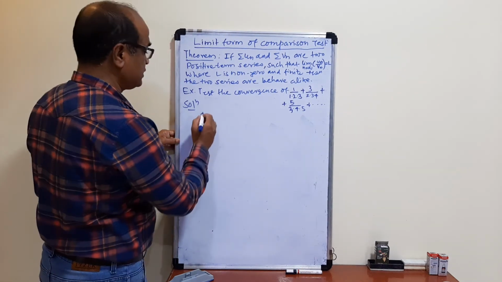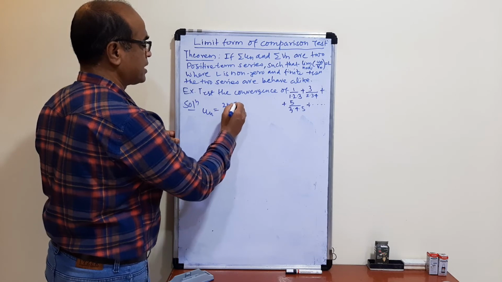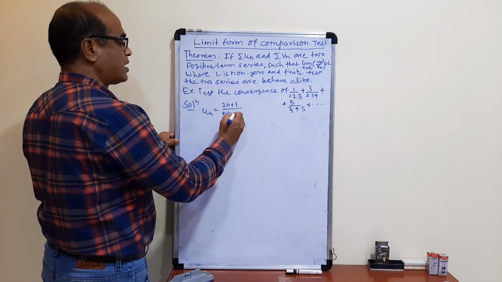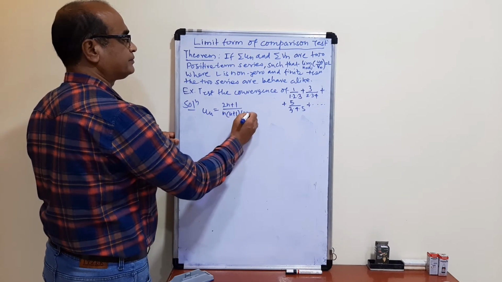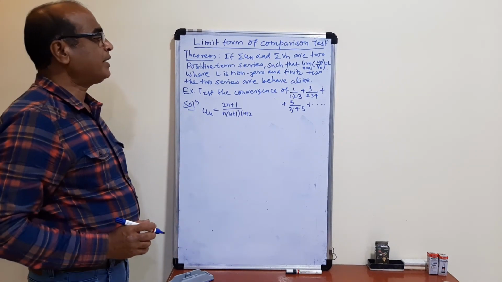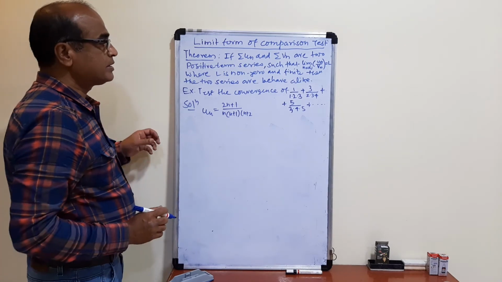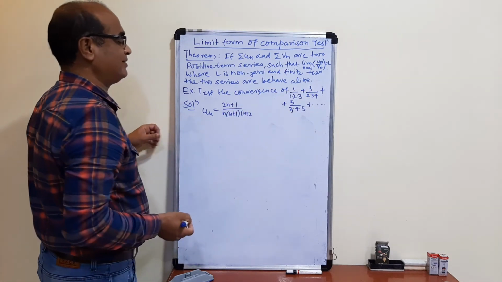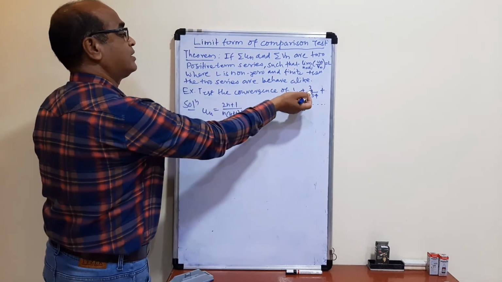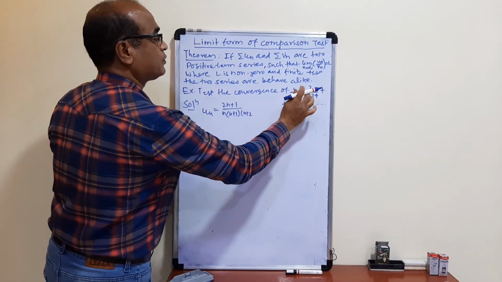In this series, the nth term is 2n plus 1 divided by n into n plus 1 into n plus 2. Putting n equal to 1 we get 1 upon 1 into 2 into 3.